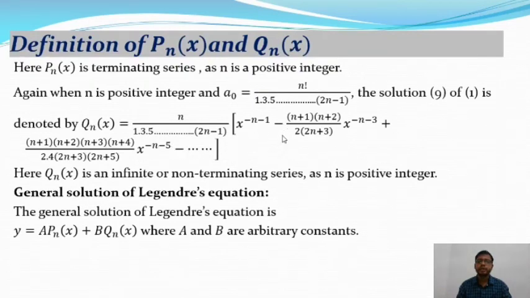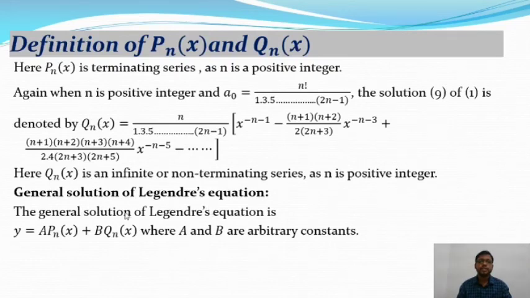There are infinite number of terms, and so this is also the Legendre function or the polynomial function of degree n. But Qn of x is an infinite or non-terminating series, as n is a positive integer, whereas Pn of x is a terminating series, where n is a positive integer.